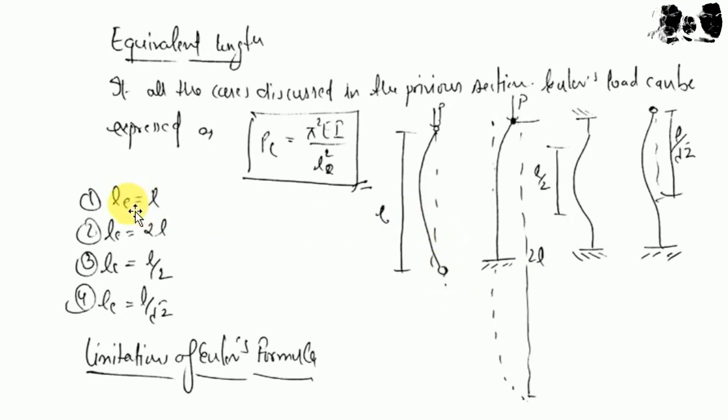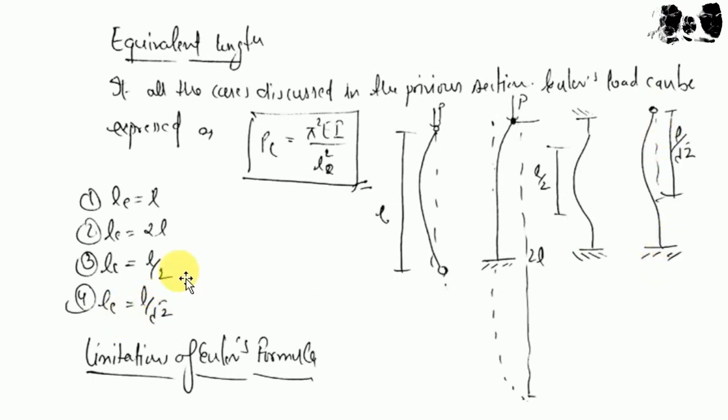So as we can see, in the first condition, the effective length is L for both ends hinged, and in the second case, one end is fixed, other is free, LE is equal to 2L, and in the third case, both ends fixed, LE is equal to L by 2, and in the last case, one is fixed, other is hinged, LE is equal to L upon root 2.